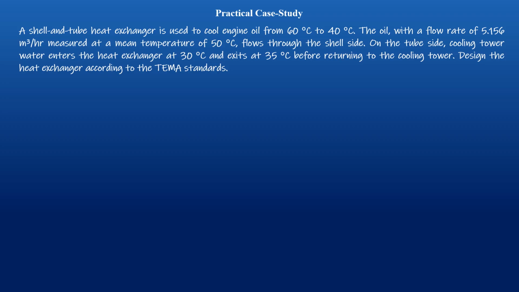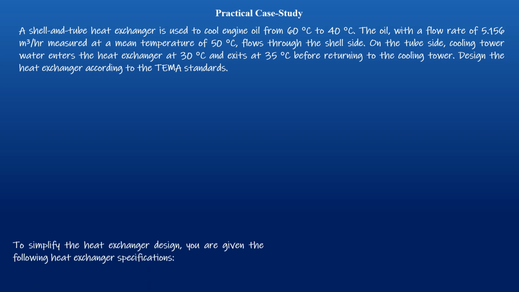On the tube side, cooling tower water is used for the cooling purposes. It enters the heat exchanger at 30 Celsius and returns to the cooling tower at 35 degrees Celsius. Design the heat exchanger according to TEMA standards.